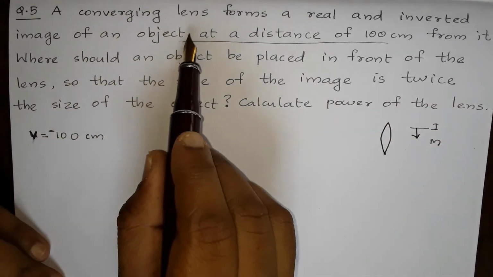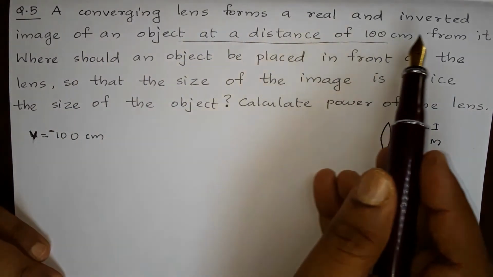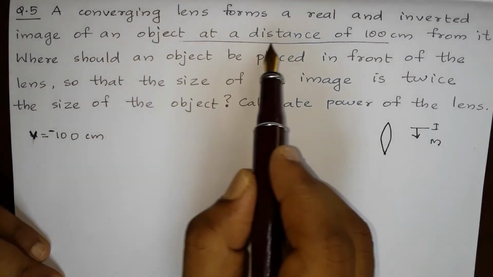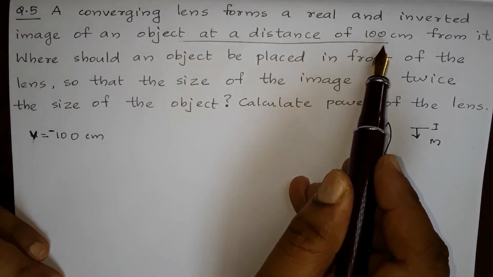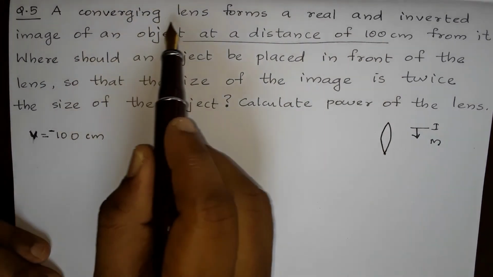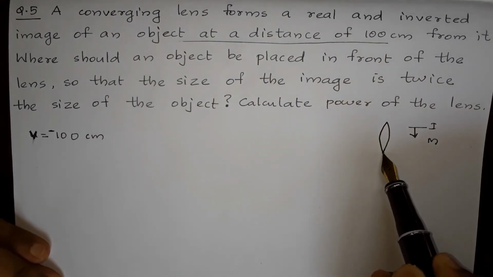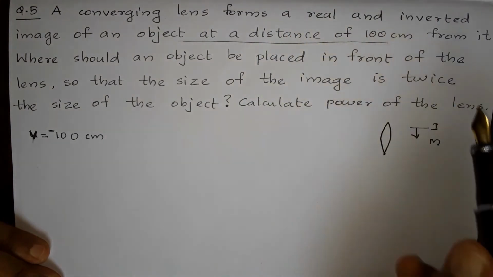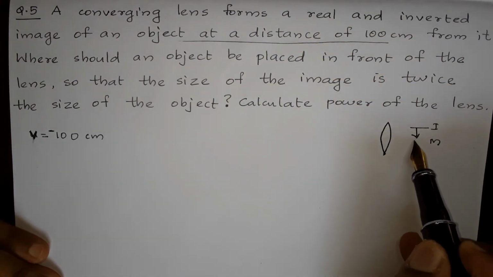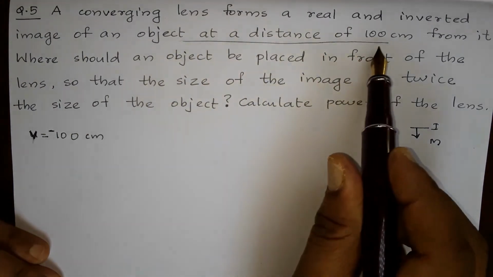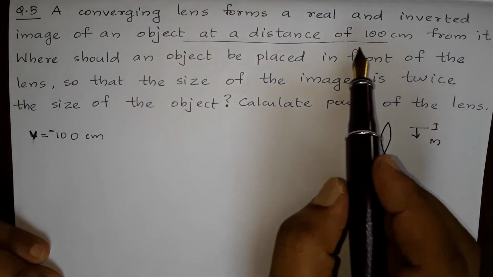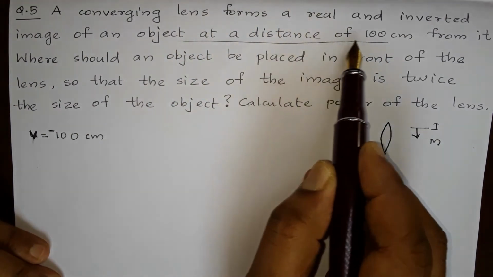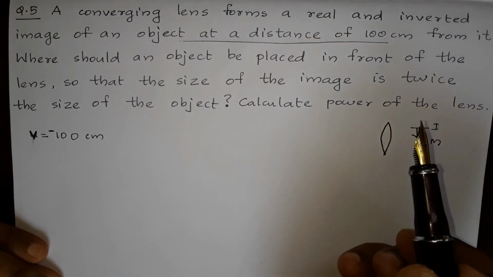A converging lens forms a real and inverted image of an object at a distance of 100 centimeter from it. See, a converging lens means a convex lens, and it forms a real and inverted image. So it forms an image at a distance of 100 centimeter from it.